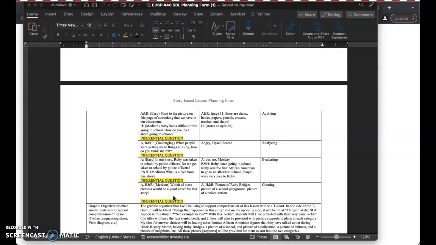If the student gets it incorrect, we're rereading that page, and then our next prompt is relating the content to the student. How would you feel if blah, blah, blah? Getting them to think about that, okay? And then the next prompt would be you modeling how you can make an inference.